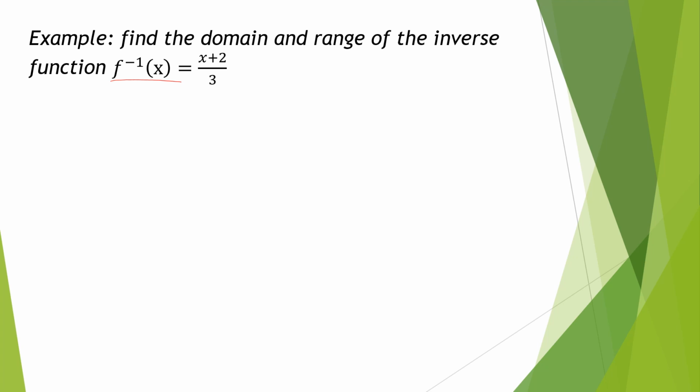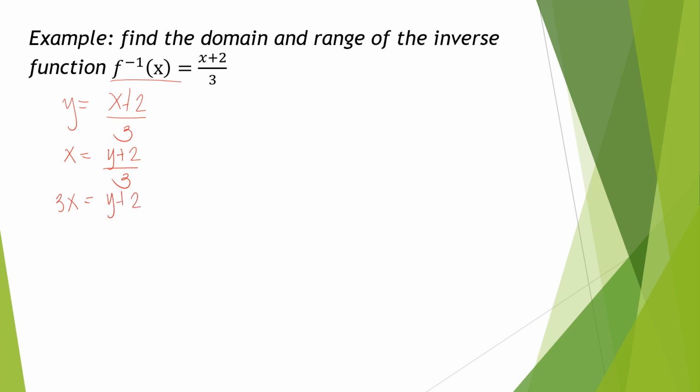So, we will change the f raised to negative 1 of x to y. So that is y is equal to x plus 2 all over 3. Then we interchange x and y. So y becomes x and x becomes y. Then we cross multiply. 3x is equal to y plus 2.